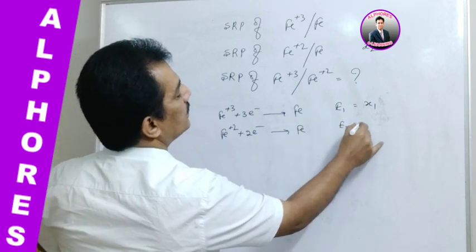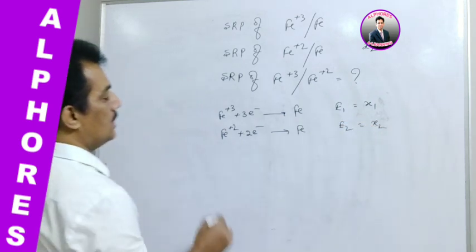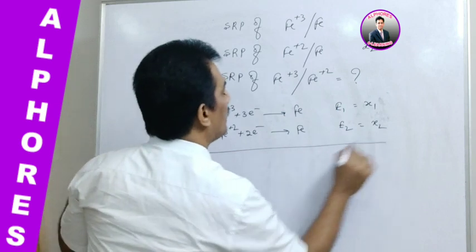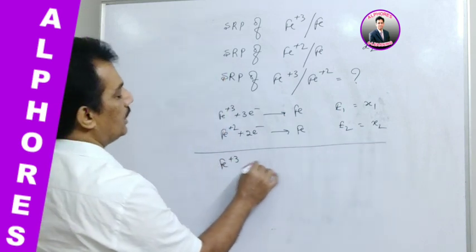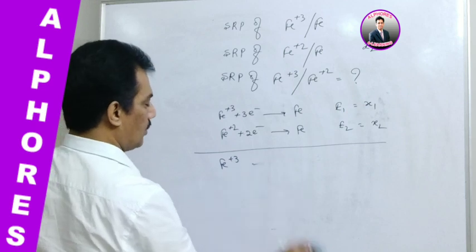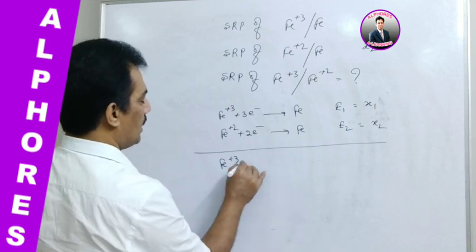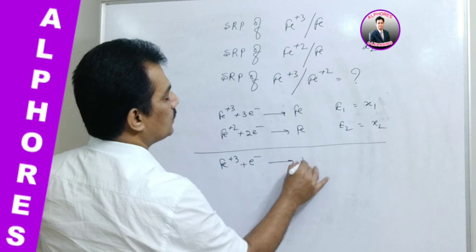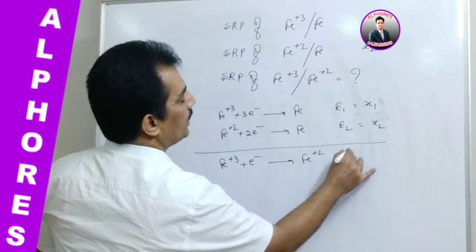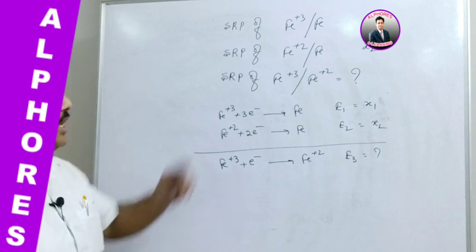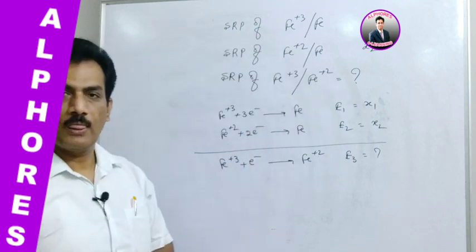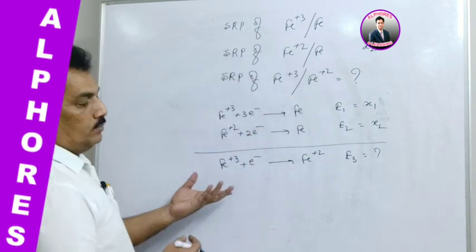Here E2 is given as x2. And now what they are asking is, Fe plus 3 by taking 1 electron is reduced to Fe plus 2, and E3 is how much? That is the question they are giving in this data form. Clear?